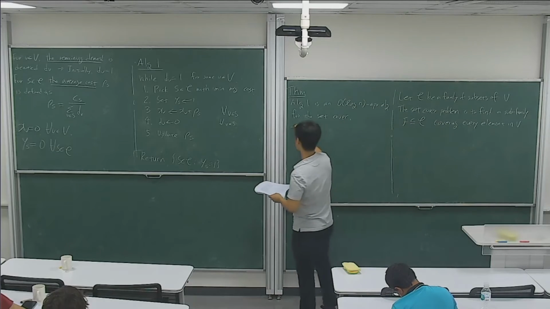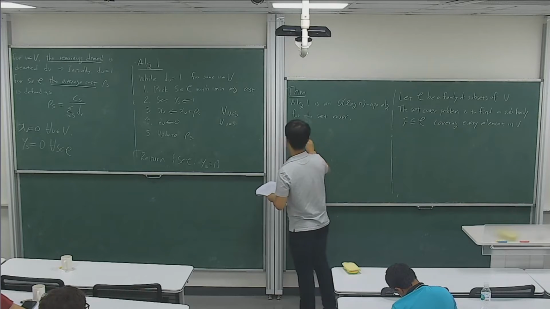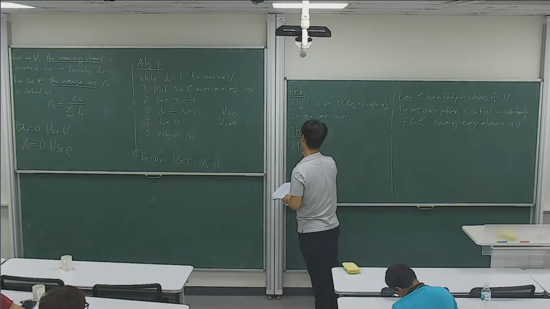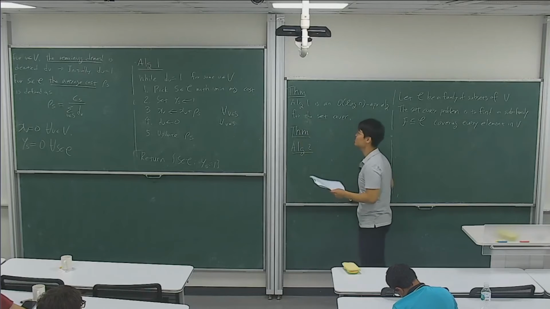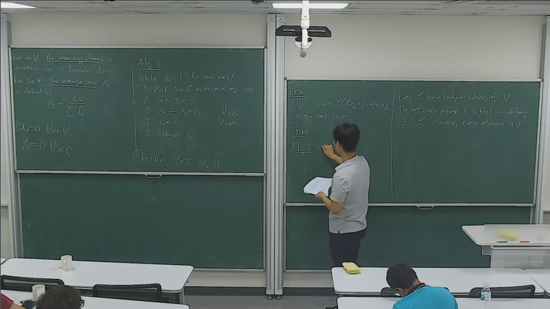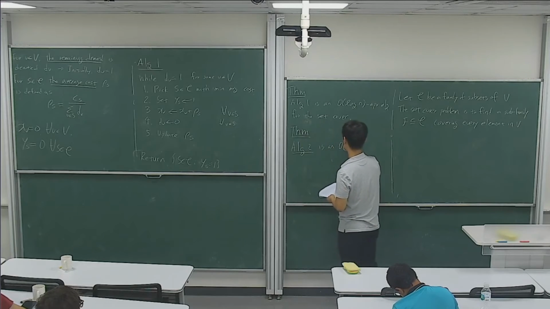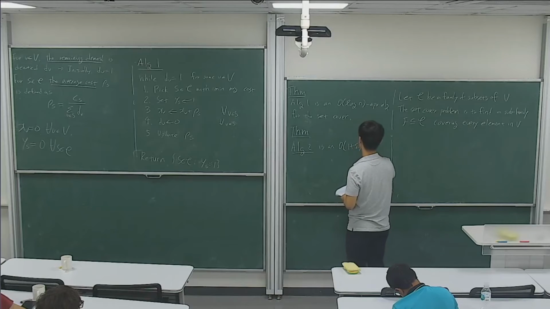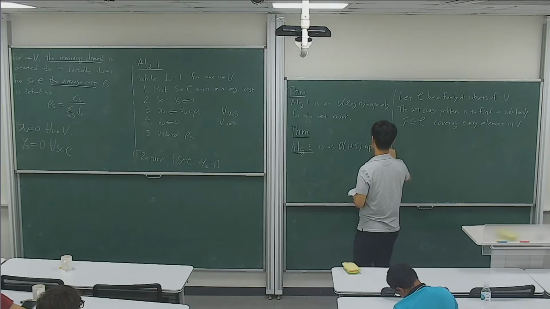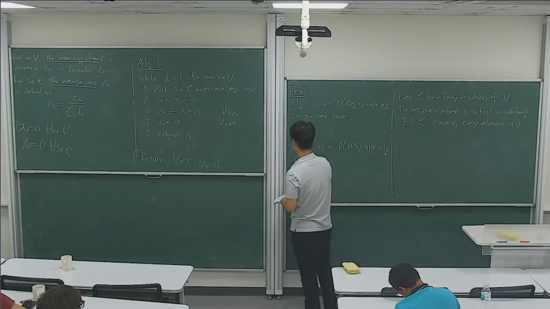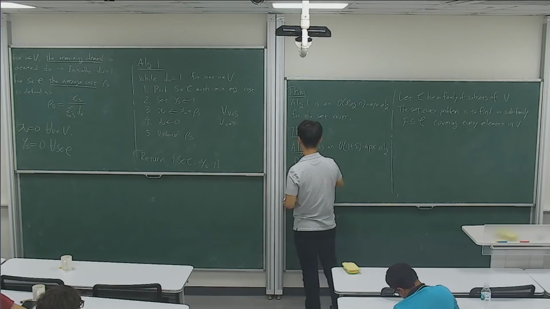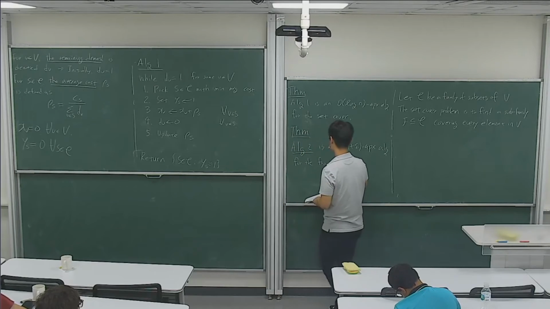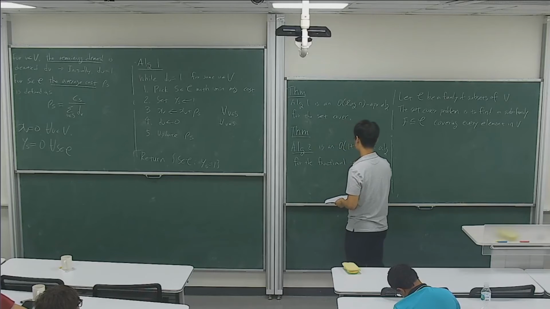Another theorem: algorithm 2, which I will write down in a minute, is a 1 plus epsilon approximation algorithm for the fractional set cover.